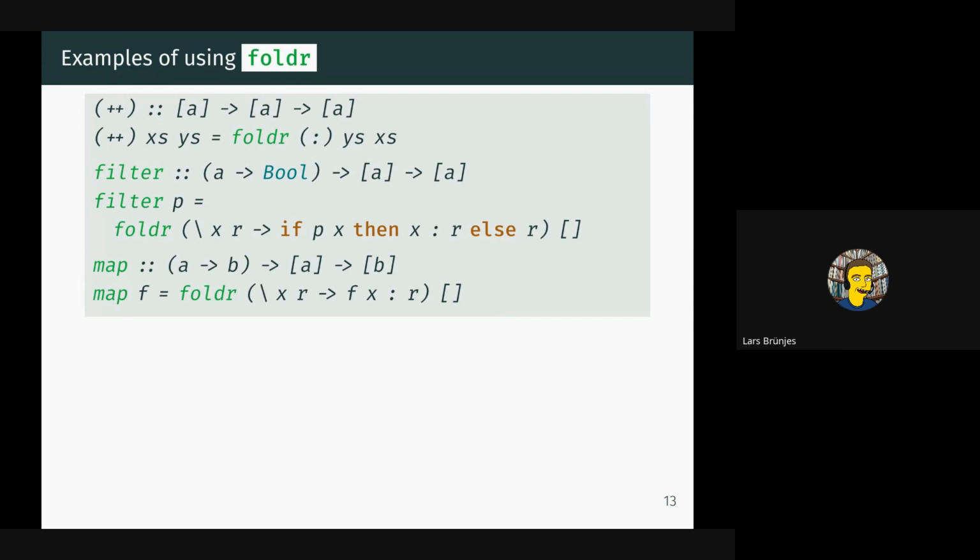So now the question is, should we? And that is also a matter of taste. Sometimes this looks not as clear probably as the original definition I gave you for filter, or map, or for concatenation. So that would argue that it's better to not use foldr and instead spell it out.